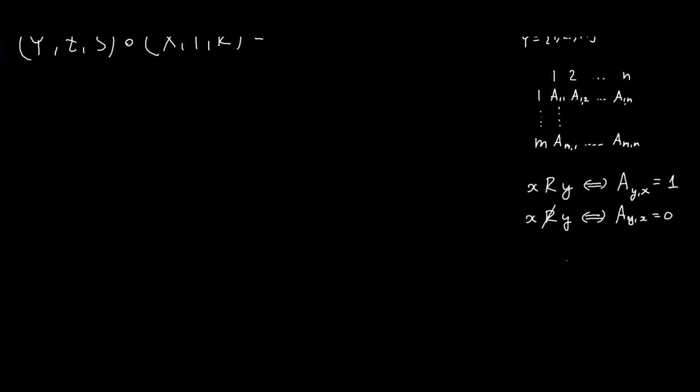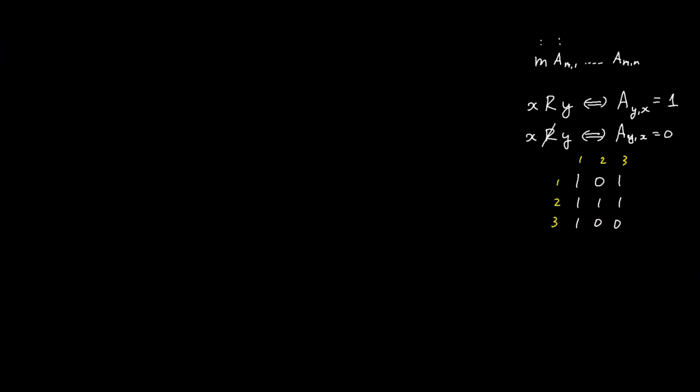So let's look at a specific example of this. Let's say I've got a matrix 0, 1, 0, 1, 1, 1, 1, 0, 0. Now I label my columns and rows 1, 2, 3, 1, 2. So this turns out to be a square matrix. I can now think of this as a relation from the set 1, 2, 3 to the set 1, 2, 3. How do I set up the relation?